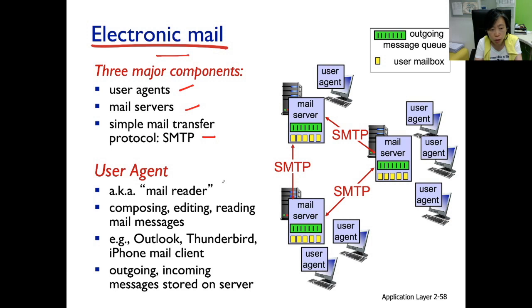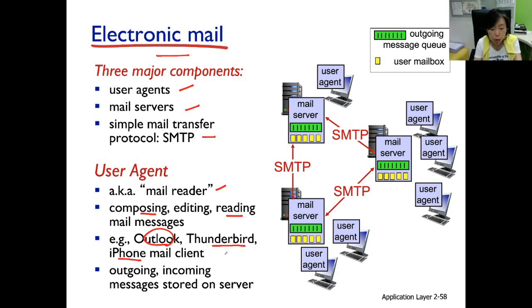Let's start from the user agent. They're essentially the email readers. They allow us to write email, edit email, read emails. Outlook from Microsoft is one mail reader that's very well known. Thunderbird, I don't know if you know about this one. This is from Mozilla, the company that also produces Firefox, the very well-known web browser. iPhone comes with a built-in mail reader.